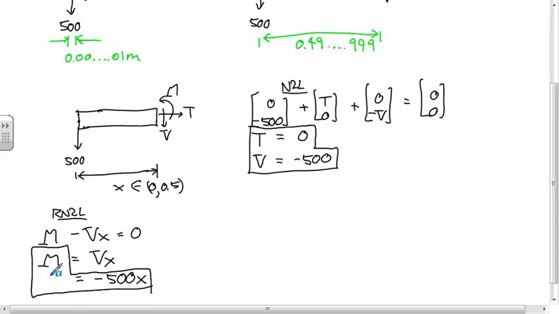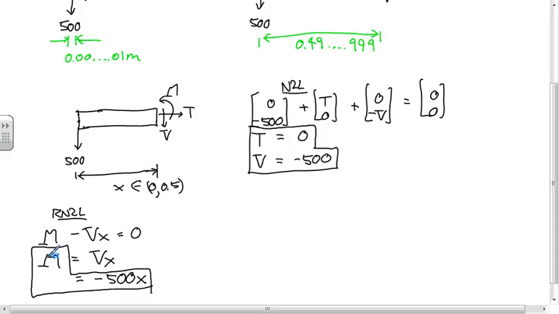So what this tells us is, what if x is equal to almost all the way down to 0? Then M is equal to 0.000... You plug basically 0 in here and you have no bending moment.